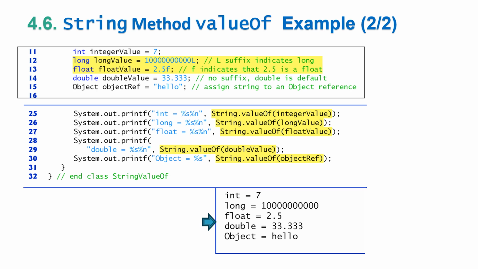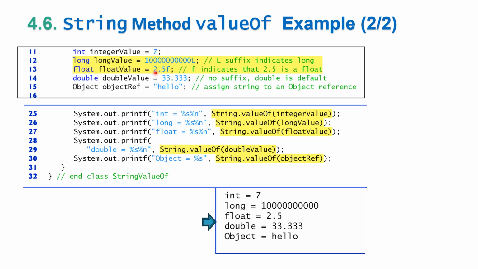The second part of the program includes method calls to the one argument version of the method valueOf using the remaining 5 variables as the argument. The value initialized to variable longValue has the L suffix, which indicates that it's a long value instead of an int value.